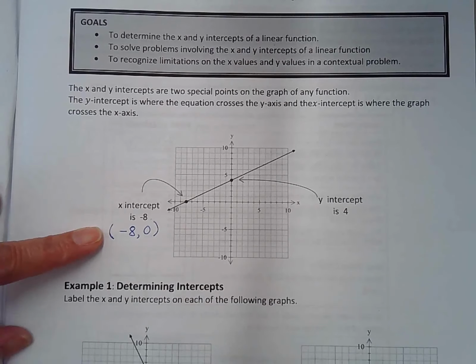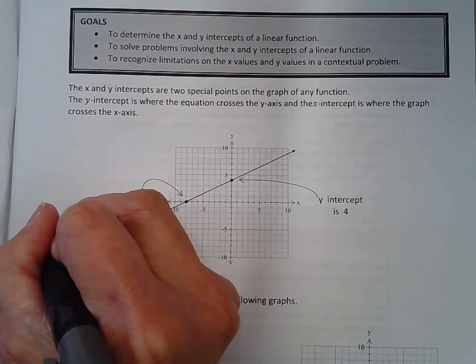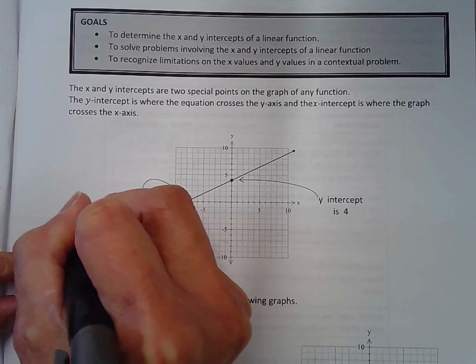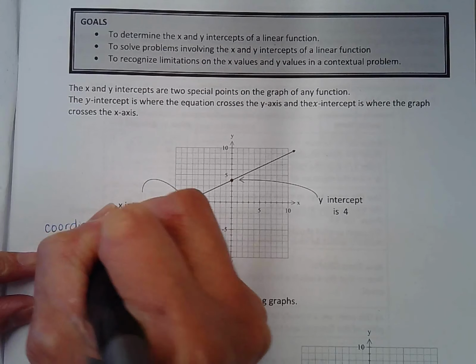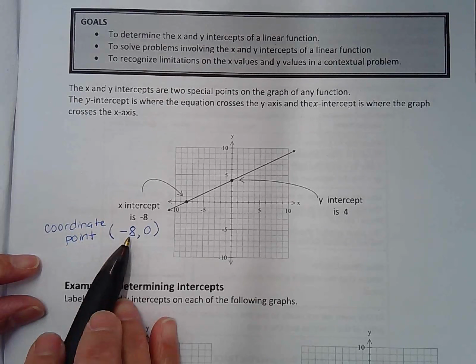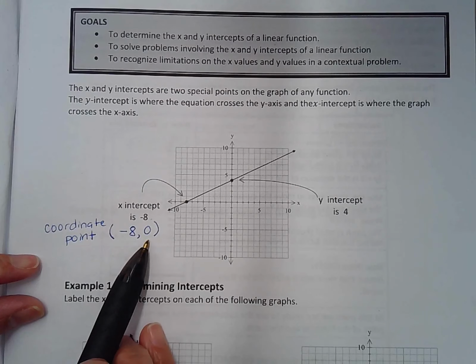So we can say x-intercept is -8, but if we were to write it as a coordinate pair, an ordered pair, it's going to be -8, 0.